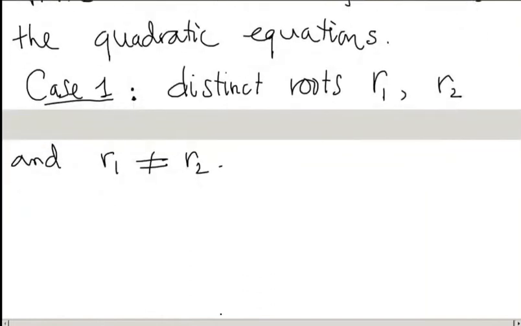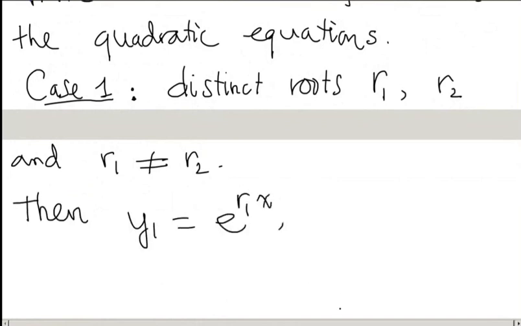This case will be in our topic 11, and it's easy to do because once we have r1 and r2, then we have 2 solutions: y1 equals e to the r1x and y2 equals e to the r2x.